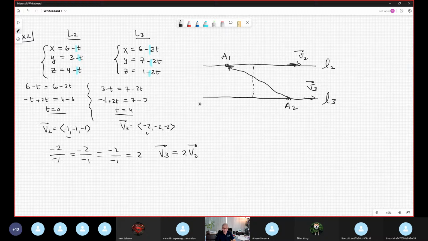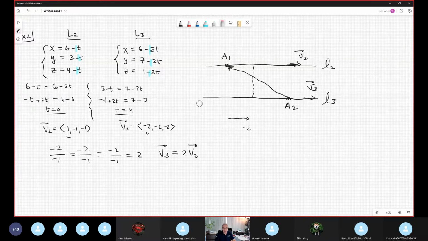And you perform the cross product. So it's not exactly the cross product, it's a vertical projection. Basically, I find the vector A2, A1, and the arrow points to it.